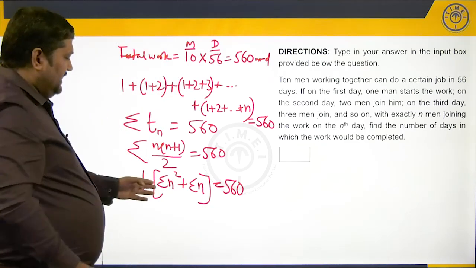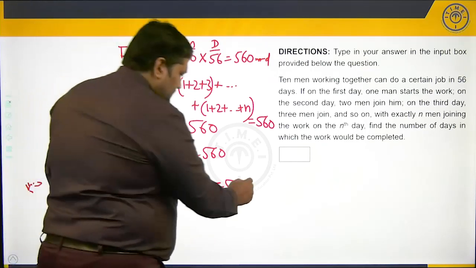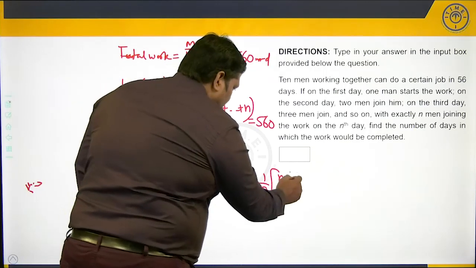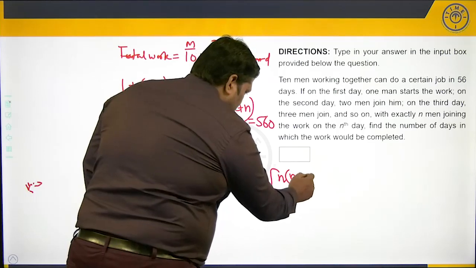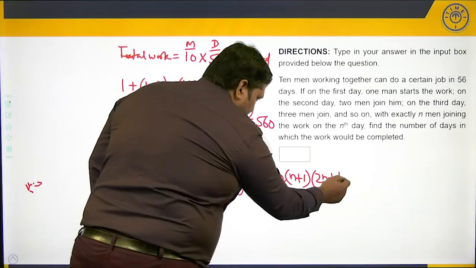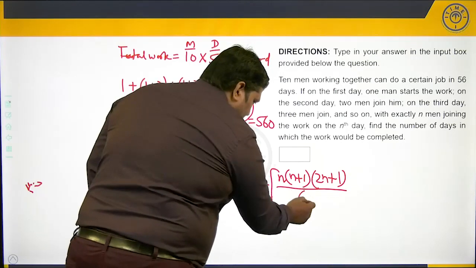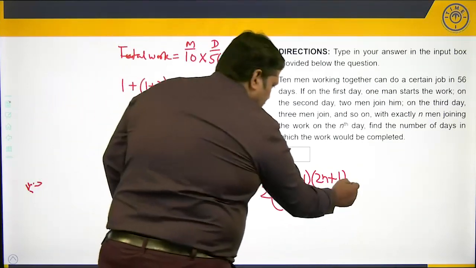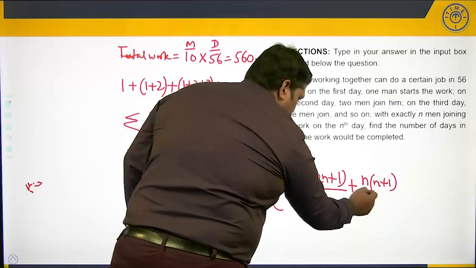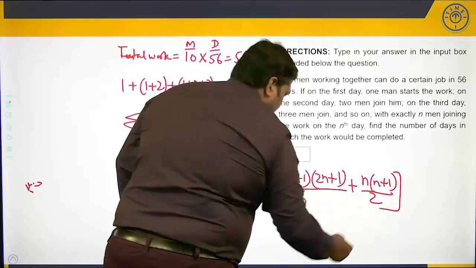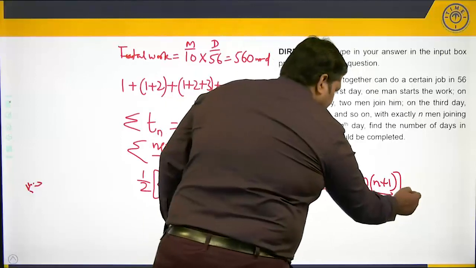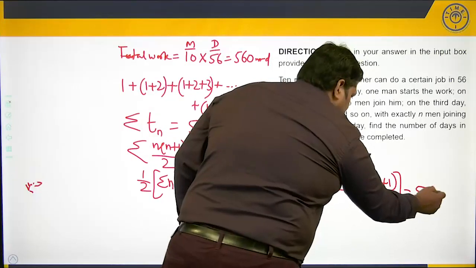So let us see what we get when I take half of this. Will it not be half times n into n plus 1 into 2n plus 1 by 6, plus summation of n, which is n into n plus 1 by 2, equal to 560.